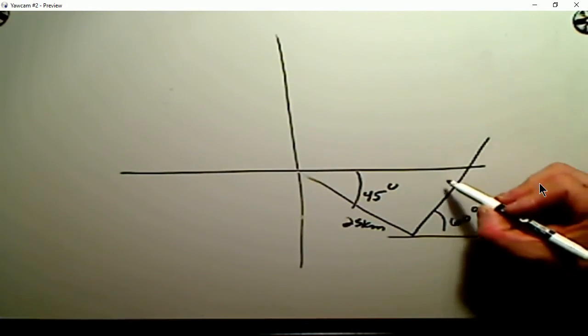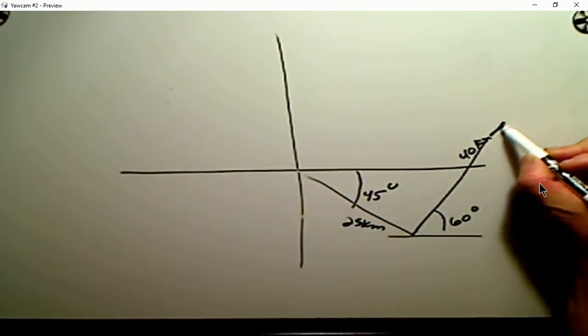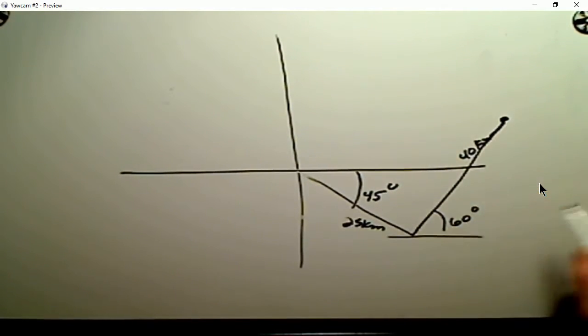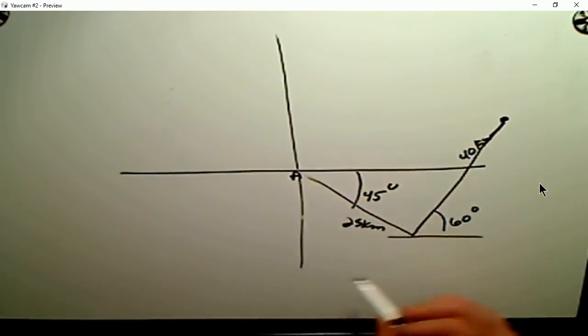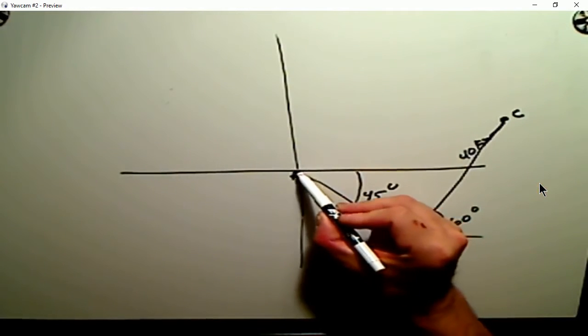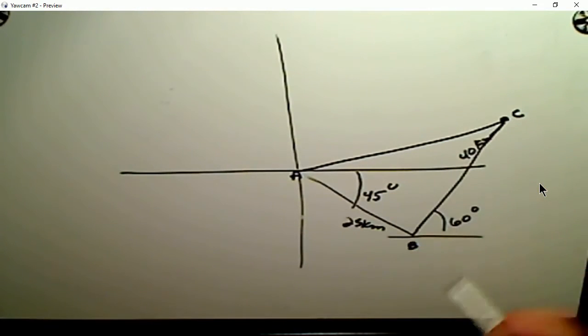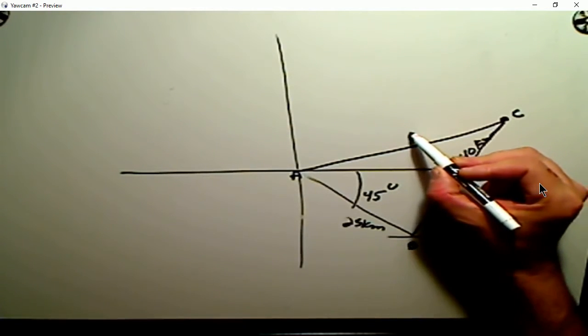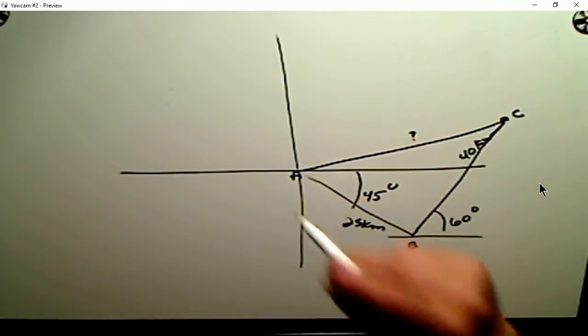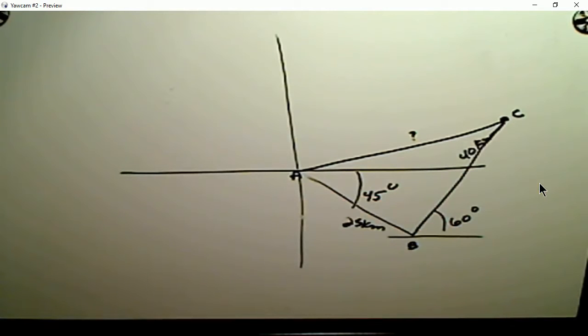Walking 40 kilometers. After that, from point A at the origin, point B, then point C, how far is she from point C? From C to A, I should say. That's what we're trying to find out.